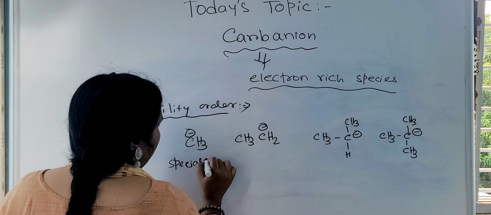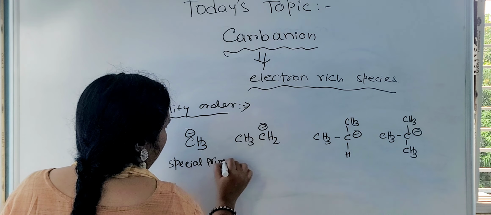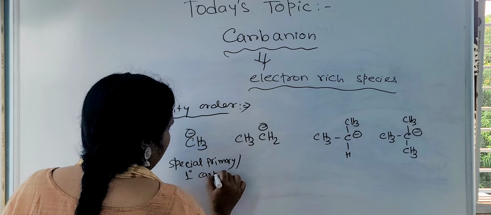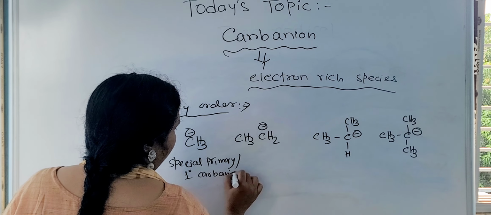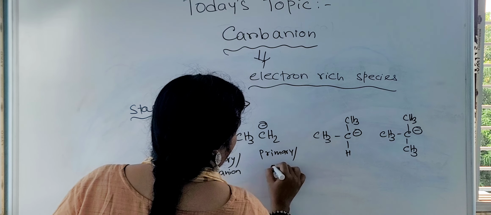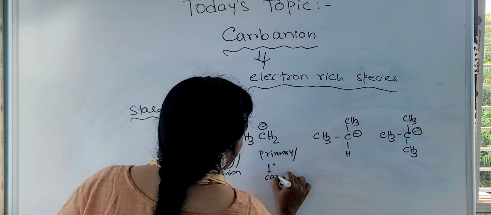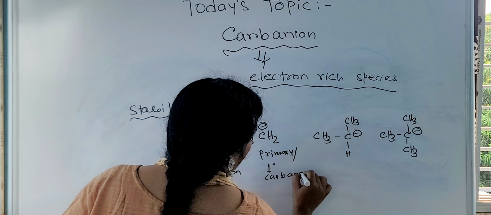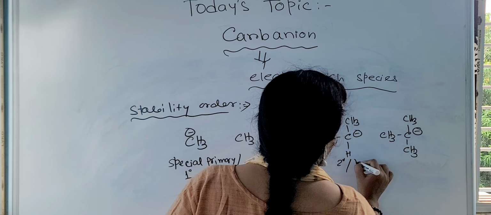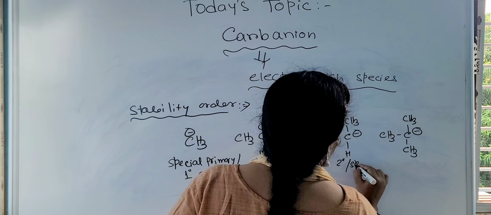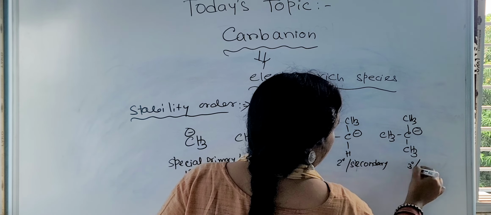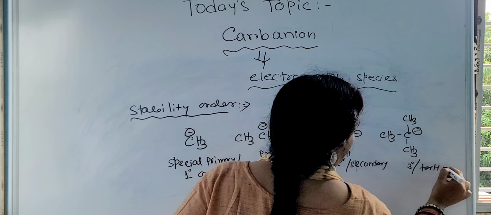Ethyl is primary or 1 degree carbanion. This is 2 degree or secondary carbanion, and this is the 3 degree or tertiary carbanion.